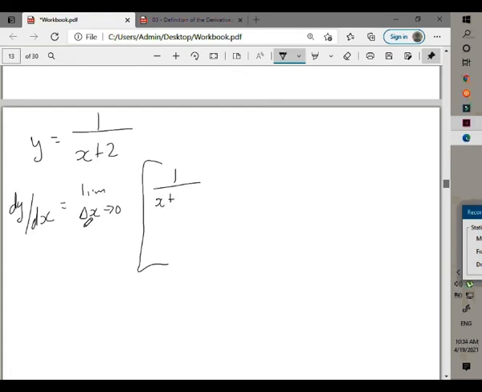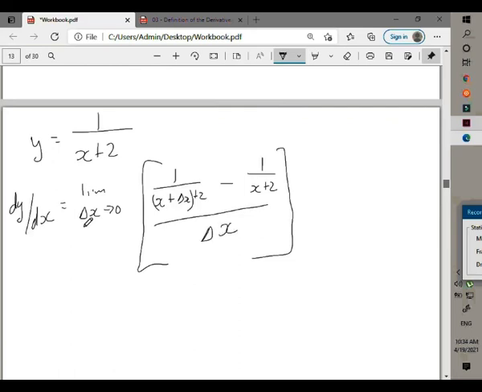x plus delta x plus 2, which is going to be subtracting 1 over x plus 2. This is all going to be divided by delta x.